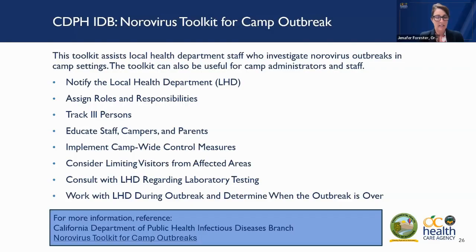We want to be able to track ill persons, educate staff, campers, and parents, implement camp-wide control measures, and consult with a local health department should there be any laboratory testing that would take place, coordinating that testing alongside working with the local health department to determine when the outbreak is over.